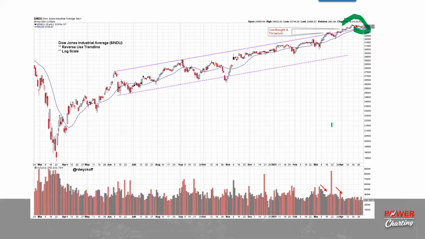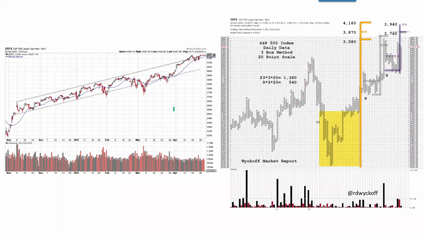Doesn't mean you can't have corrections along the way in an ongoing uptrend. So we would be opportunistic about any corrections that we see. Top of the channel here, overbought and throw over condition, but it may be able to just pause here and then accelerate.